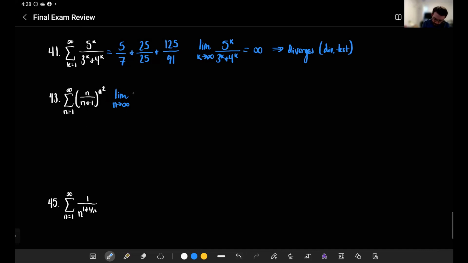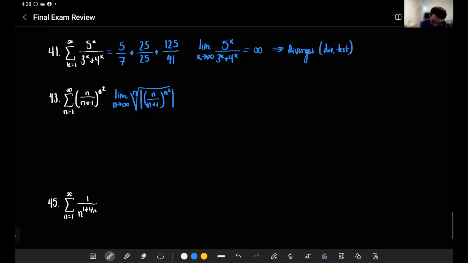So we would be taking the nth root of the absolute value of our terms, and the absolute value is not going to matter, but I'll write it anyway. Like I said, the absolute value goes away.